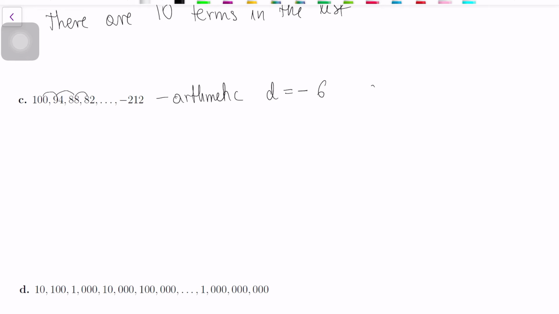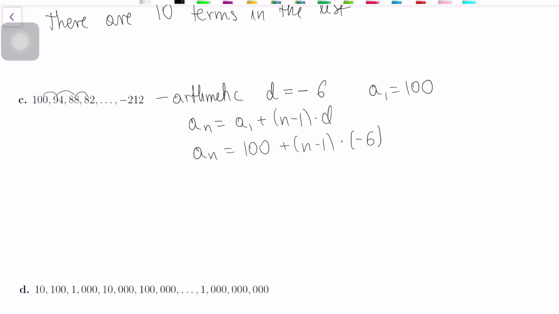Okay, and A1 is obviously 100, so the arithmetic sequence formula I know is this. So then I replace A1 with 100, d with -6. I first have to distribute multiplication by -6.